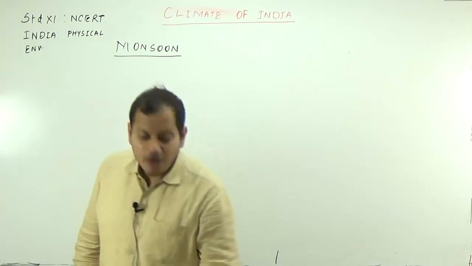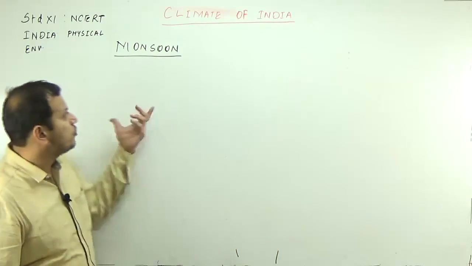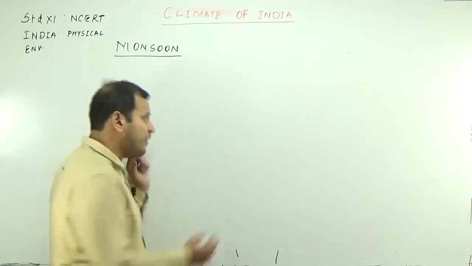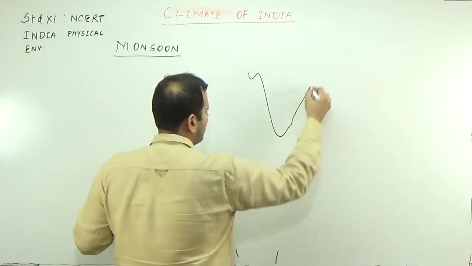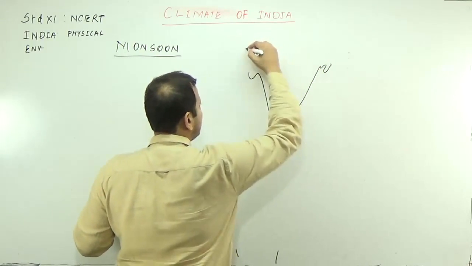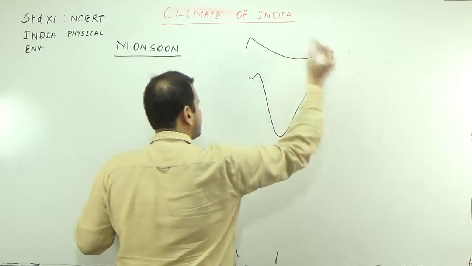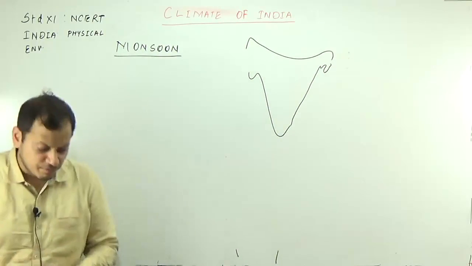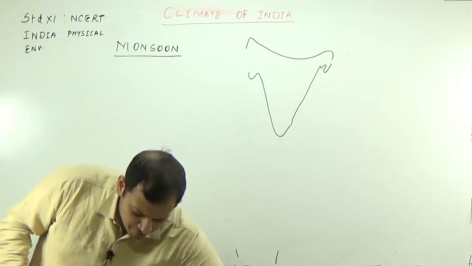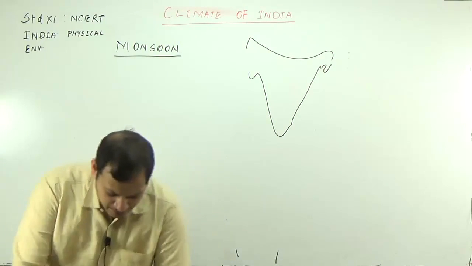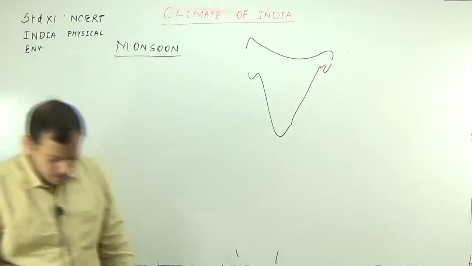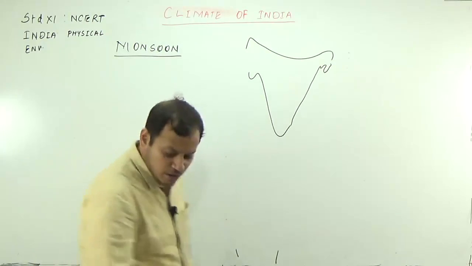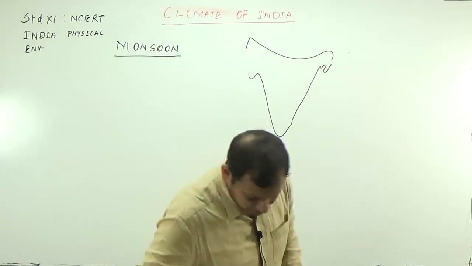Okay. Now, what do you mean by monsoon? If I show you the map of India, we can see that in India there are two kinds of winds. One wind blows during the summer season and is known as the southwest monsoon wind.